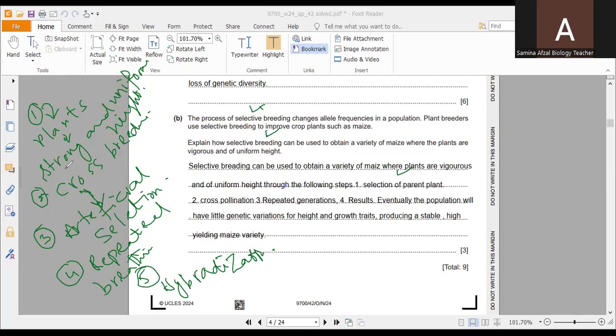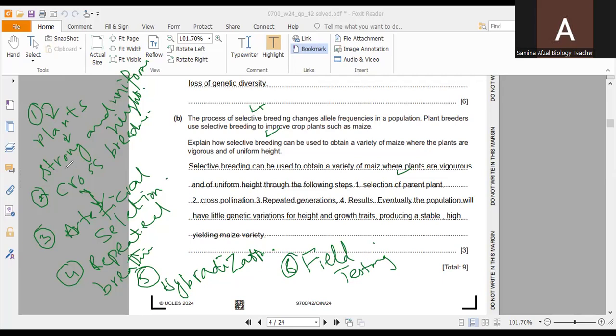Next, field testing. You have grown the new maize after crossbreeding, so you have created it, and then you need to test them.